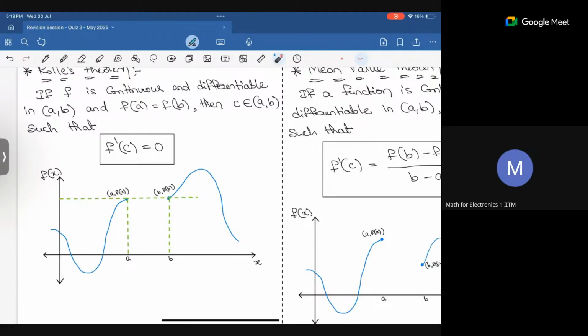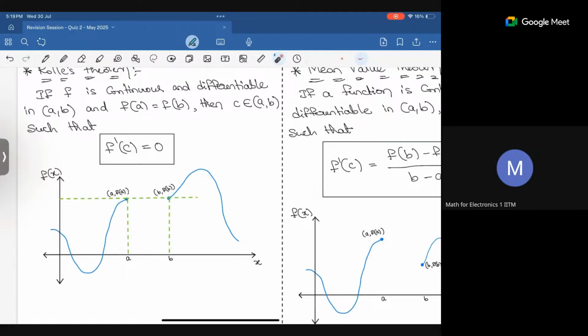What we know is it is continuous and differentiable, and that the function value at a and the function value at b are both the same. Then Rolle's theorem states there exists a c in between such that f prime of c is a local maximum or local minimum, or in other words, f prime of c is 0.